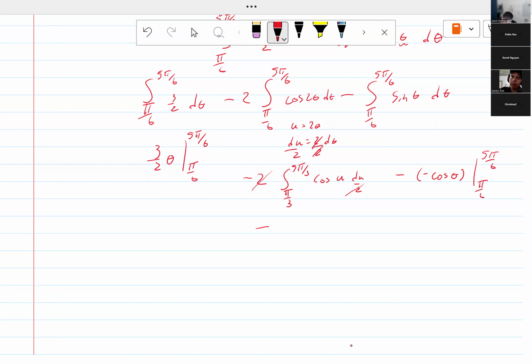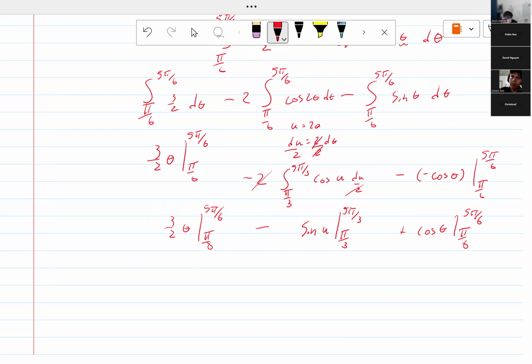Well, the integral of cosine is sine, so this becomes sine u from pi over 3 to 5 pi over 3. Again, this was 3/2 theta from pi over 6 to 5 pi over 6, and this guy was plus cosine theta from pi over 6 to 5 pi over 6.